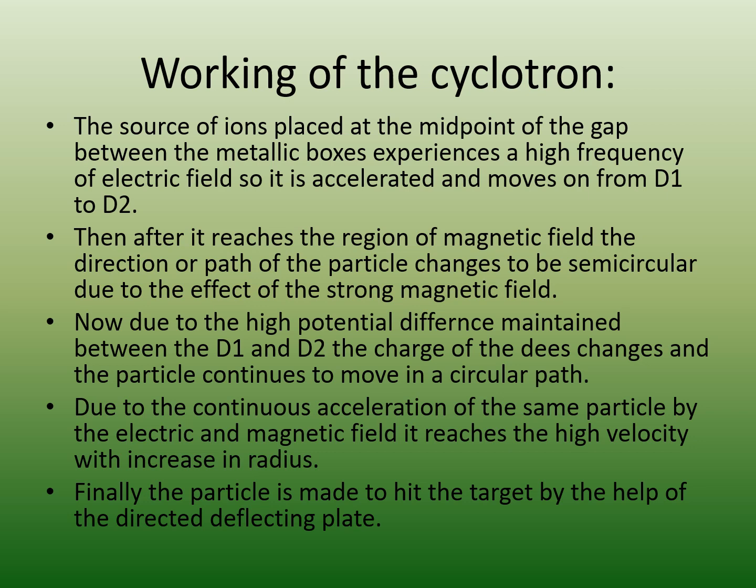Now, due to the high potential difference maintained between D1 and D2, the charge of the Ds changes and the particle continues to move in a circular path. Due to the continuous acceleration of the same particle by the electric and magnetic fields, it reaches a high velocity with an increase in radius. Finally, the particle is made to hit the target with the help of the deflecting plate.